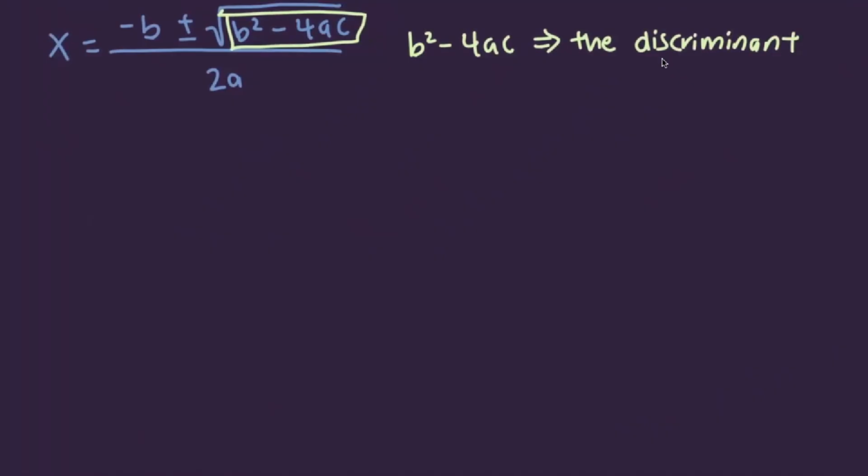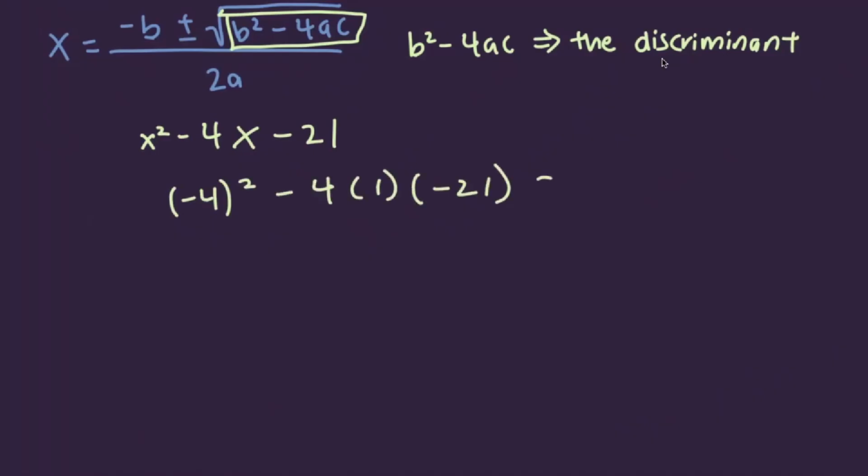So let's calculate our discriminant for our first example of x squared minus 4x minus 21. Our b is -4, squared, minus 4 times 1 times -21, and we would get 100.